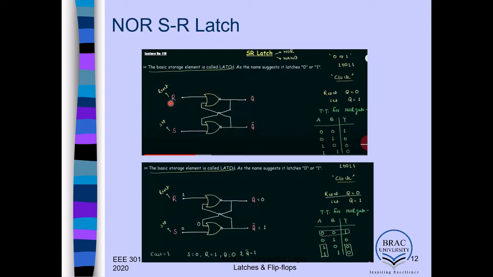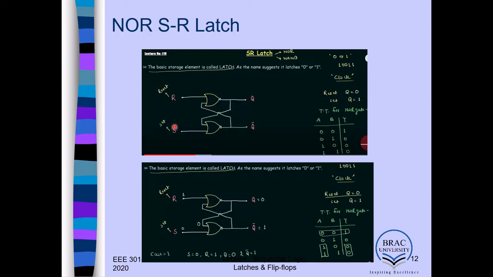You have one input here which is R, another input here which is S, and your Q and Q prime are your outputs. R means reset, that means reset Q to 0. Set Q to 1.